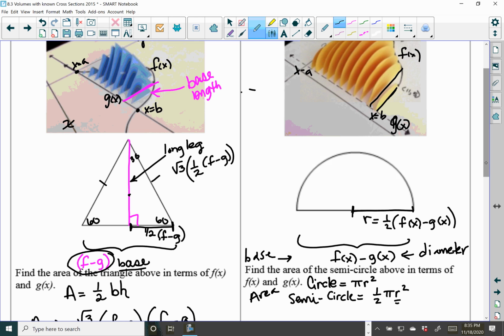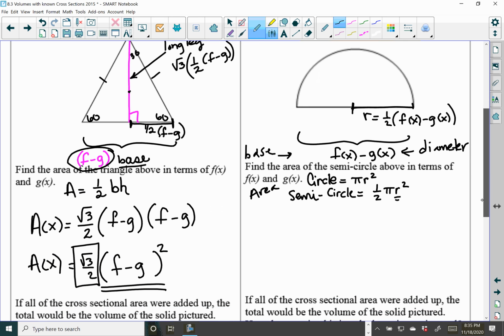And now I can go in and calculate the area of our semicircle. 1/2 pi, and let's insert our r, which is 1/2 f of x minus g of x. And we need all that r to be squared, including the half, right?